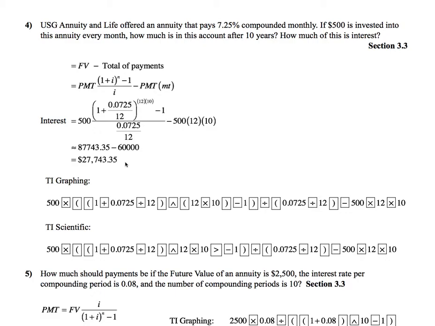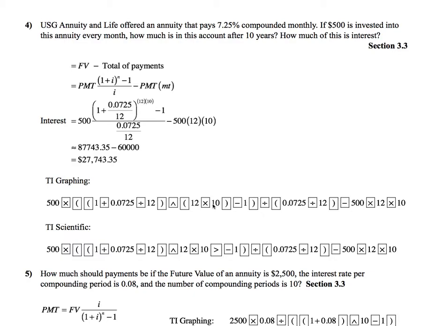Now, it should be said that to simplify all of this, any of you, I think, are capable of multiplying 12 times 10 and getting 120, and so that would just be one value there instead of 12 times 10.